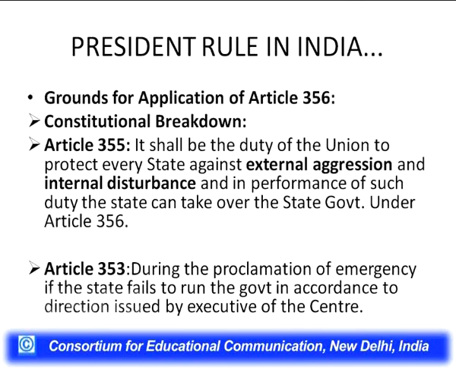So, this is one of the grounds or justifications for imposition of President's rule, by presuming that the government of the state cannot be carried on in accordance with the provisions of the Constitution.